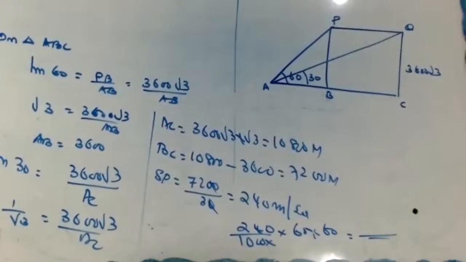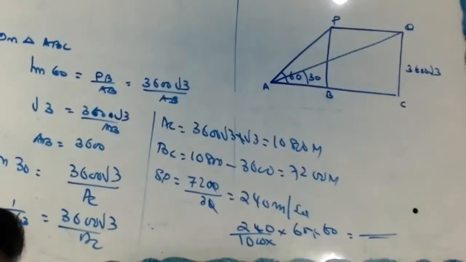The angle of elevation of the bird from a point on the ground is 45 degree.